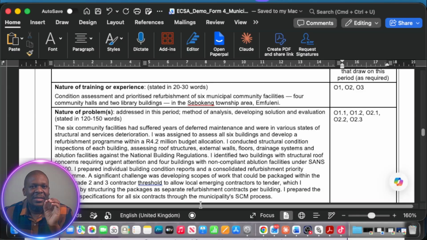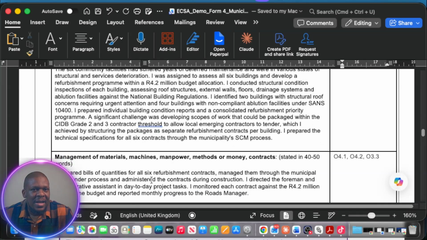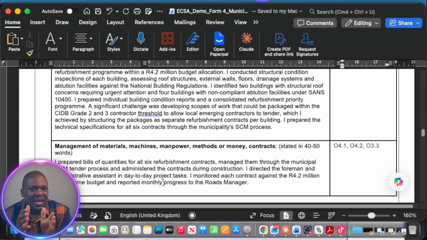Then I prepared technical specification for all the 6 contracts within the municipality using the SCM processes. Then the next thing is to manage material, machinery, manpower, method, and money. I prepared bill of quantity. Of course, for you to bring in contractors, you need to prepare a bill of quantity for the refurbishment of those infrastructure.